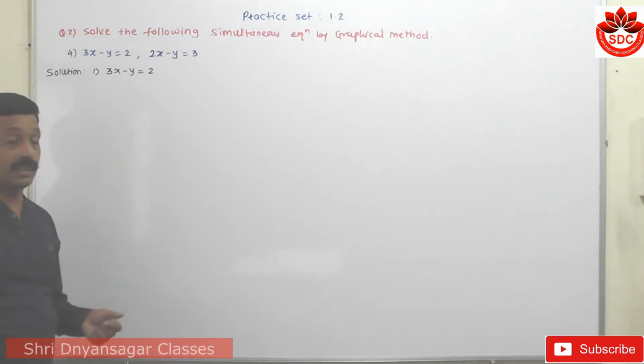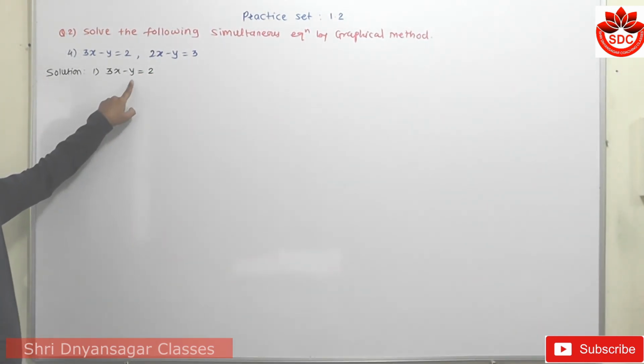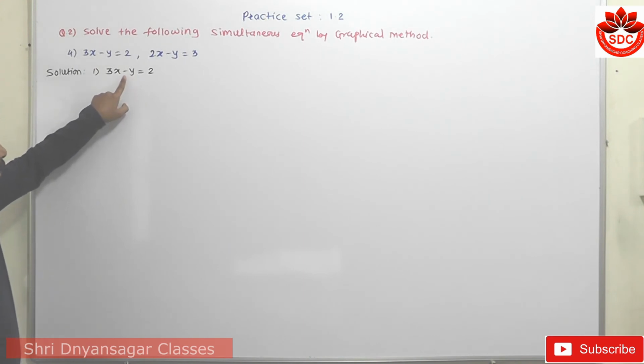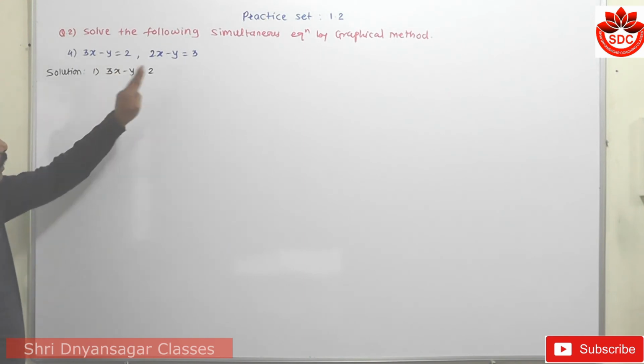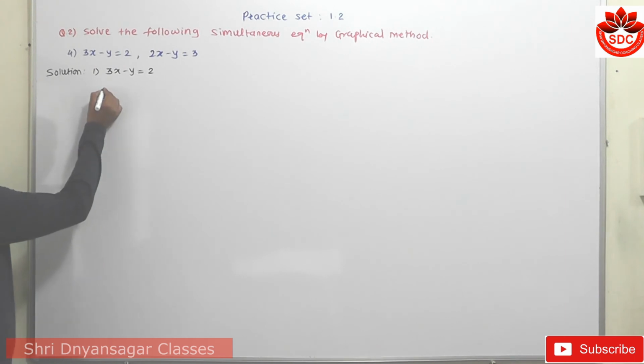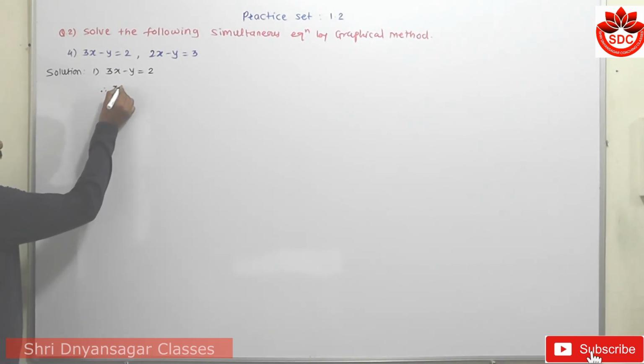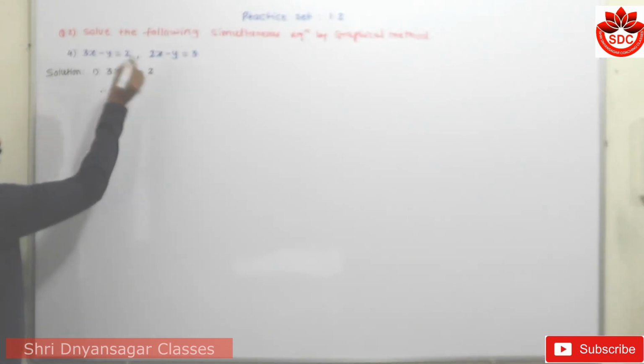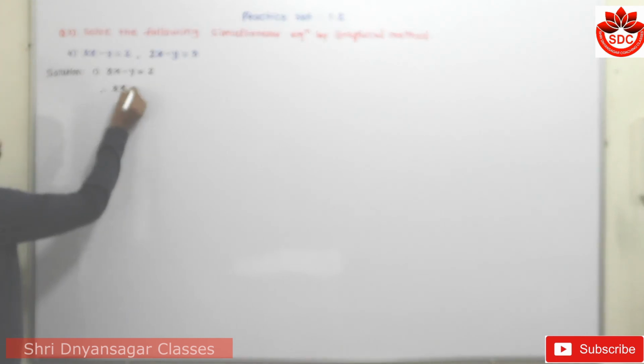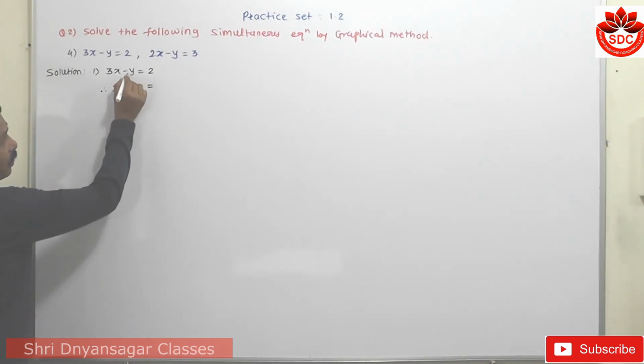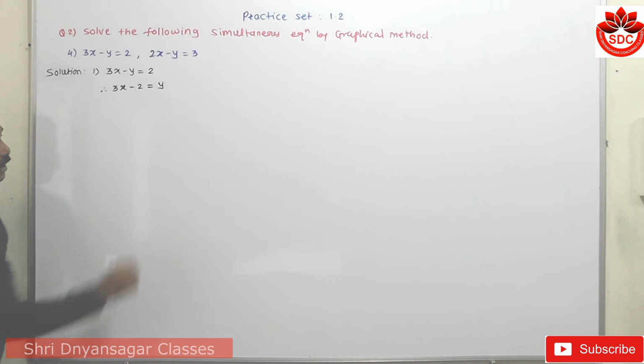Realize this: here y has coefficient 1 and a minus sign. So I have to transpose it to the other side. So it is converted as 3x, and this 2 transposes to the other side, minus 2 is equal to this minus y transposed as plus y.